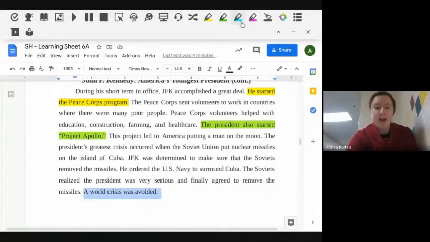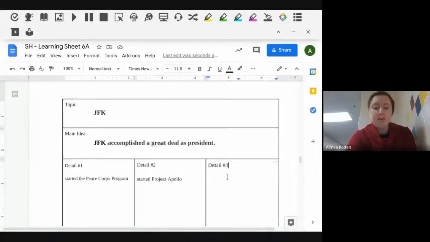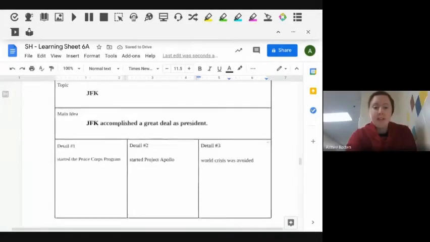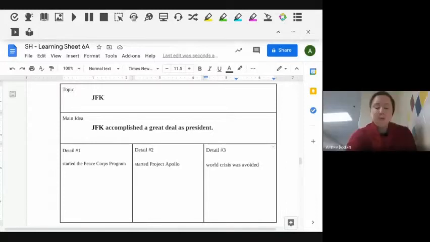Okay, I'm going to highlight that in pink, just like you said. Yay! And so then we're going to write a world crisis was avoided. So now we have how many details, Sophie? There are 3 details.